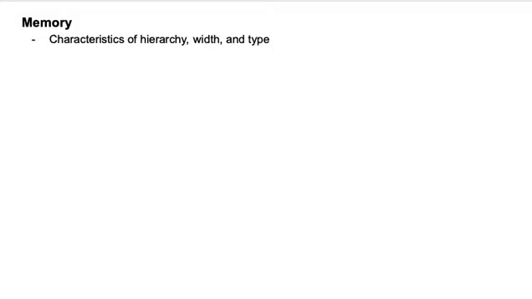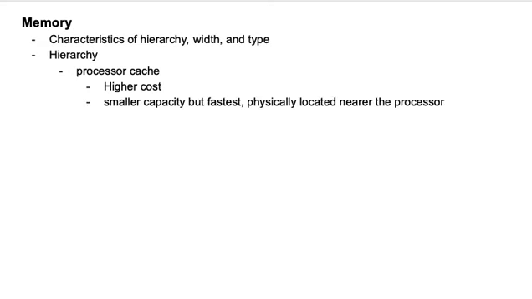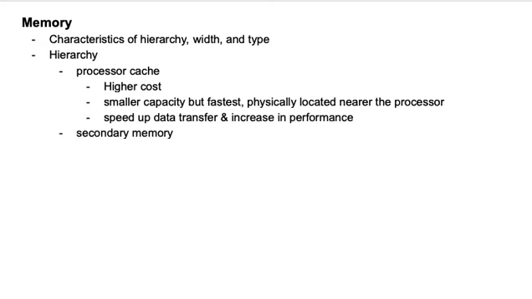Moving on, the next is memory, which is characterized in terms of hierarchy, width, or type. Focusing on the hierarchy of the memory, the processor cache is the highest cost and the most efficient, with fast speed for data transfer as it is physically located near the processor.